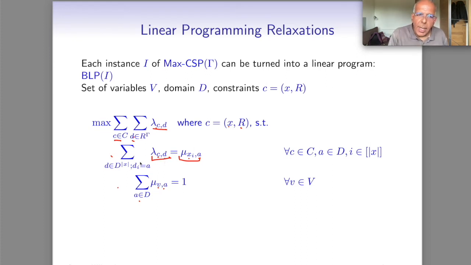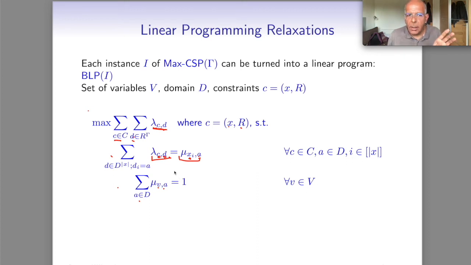So the variables lambda and mu are the variables of our linear program. Think of mu_{x_i,a} as the indicator variable saying that the variable x_i is mapped to a, and lambda_{C,d} as the indicator variable that the constraint C is satisfied by the tuple of elements d.